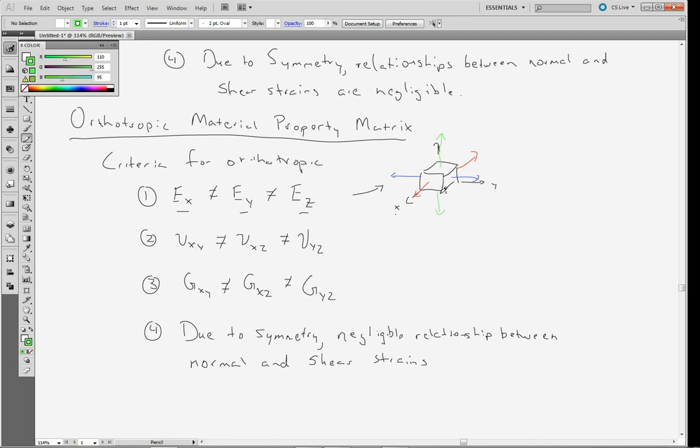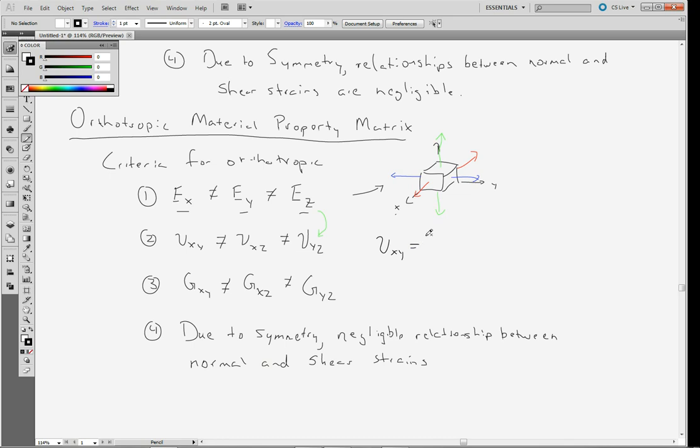Maybe there's some fiber running in one direction that makes it a little bit stiffer in one direction versus the other, or maybe there's some sort of weave pattern that allows this to occur. It's actually not that hard of a jump mathematically from here to here, but this nomenclature gets people a little twisted up sometimes. Okay, so let me switch back to black. What does nu XY relate to?